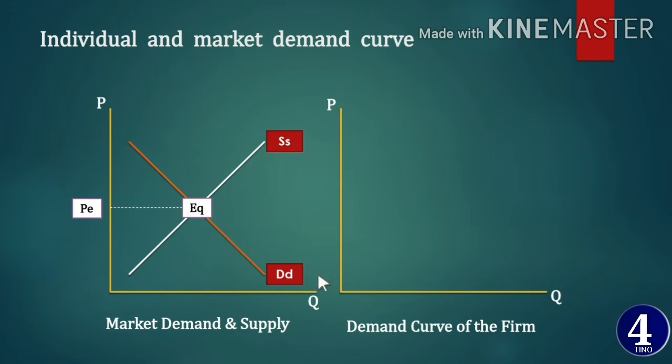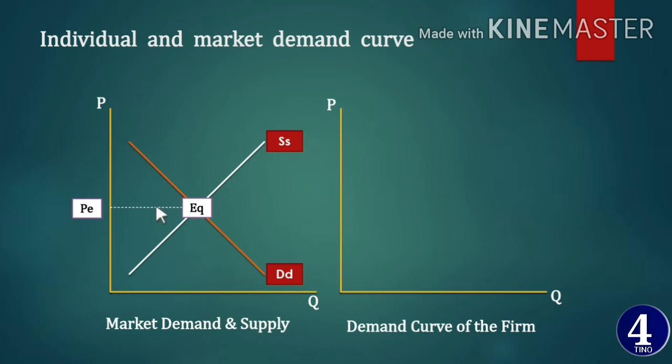Okay, so we're about to see the demand curve of firms. Summing the whole firms together, we get the market. Now we are about to see the individual demand curve after the price, which is the equilibrium price, is determined by the intersection of the supply and demand curves of the market.